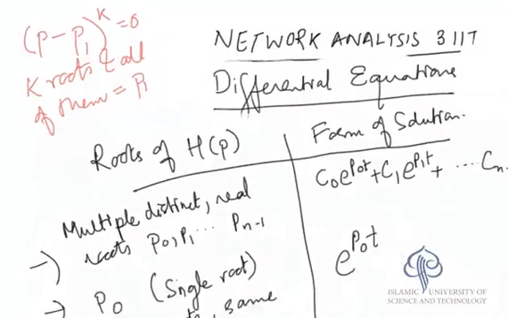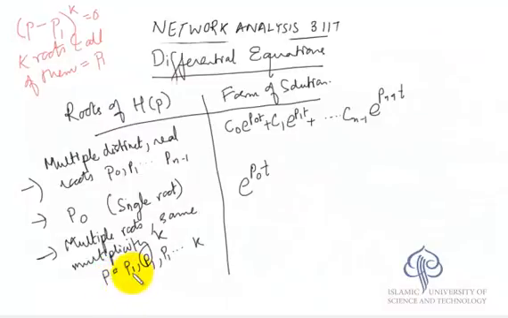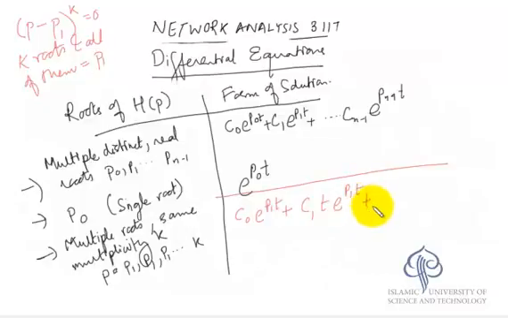So in case the roots are p is equal to p1 with multiplicity k, we can write down the solution to be c0 e to the power p1t plus c1 t times e to the power p1t plus c2 t square times e to the power p1t plus, if we continue up to c(k minus 1) t to the power k minus 1 e to the power p1t. This is going to be the form of the solution.